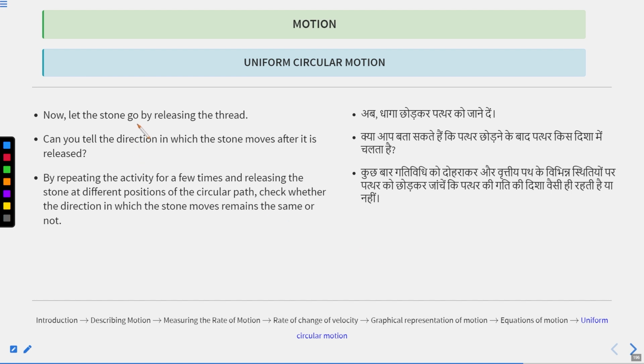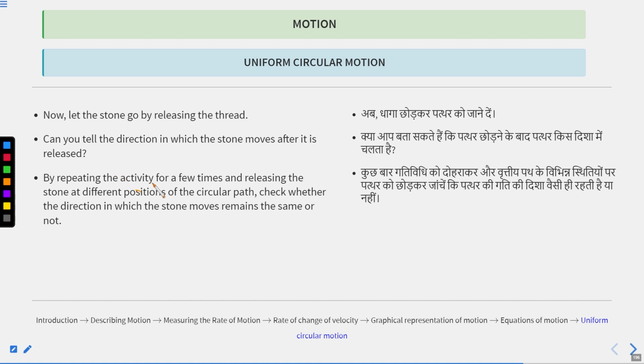Let the stone go by releasing the thread. Can you tell the direction in which the stone moves after it is released? You can choose the direction according to your convenience, anti-clockwise or clockwise.